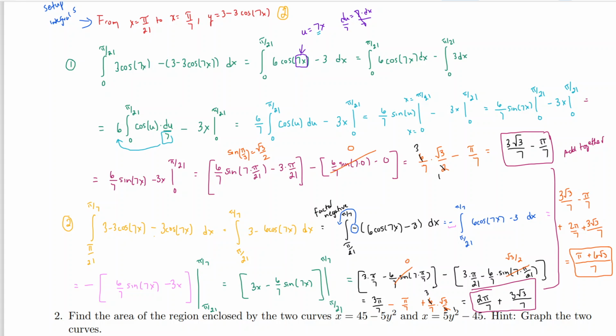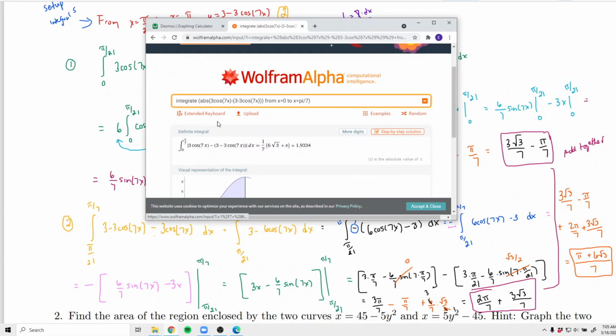Now, if you do want to check your answer here, Wolfram Alpha doesn't do well with typing finding the area of, but if you integrate the absolute value of just one of these minus the other one, it'll actually work for you. So if you write integrate and then ABS for absolute value, I have the one function here.